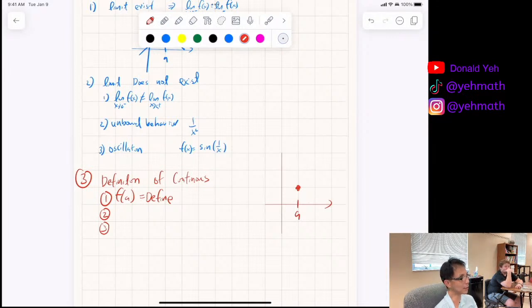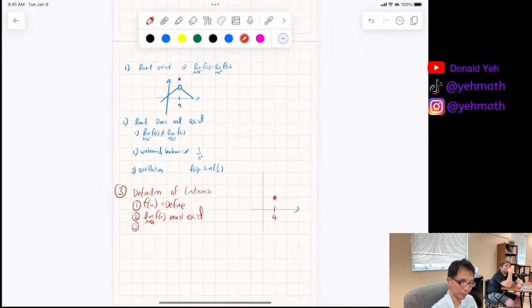The limit as x approaches a of f of x must exist. Which goes back to what does exist mean? Exist means the limits from left and right have to equal each other. This exists, but it's still not continuous.